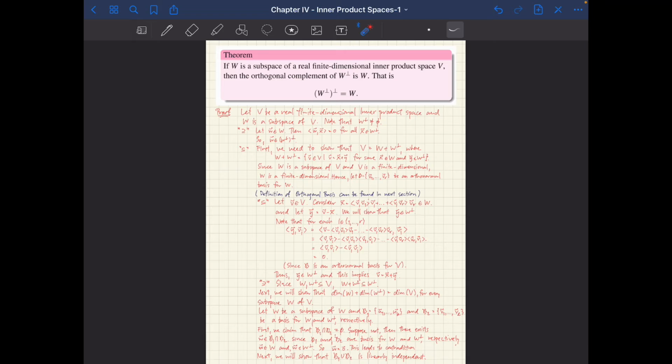Why? Because if we let any vector w in the set W, then we know that the inner product of w and x is equal to 0 for every x in W perp.